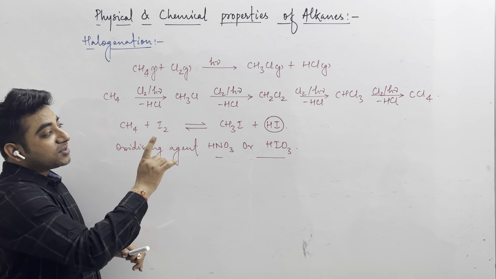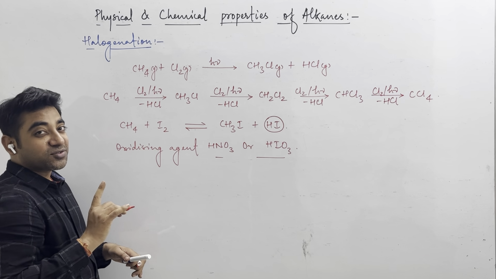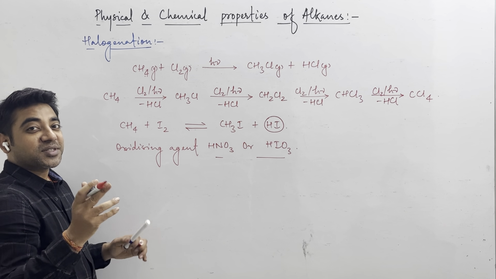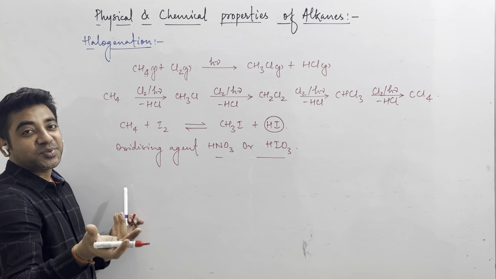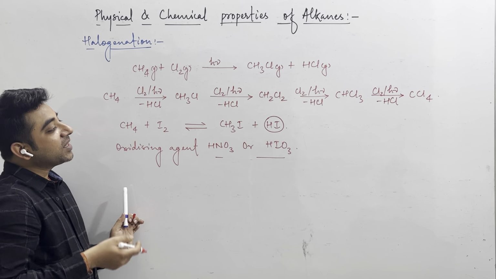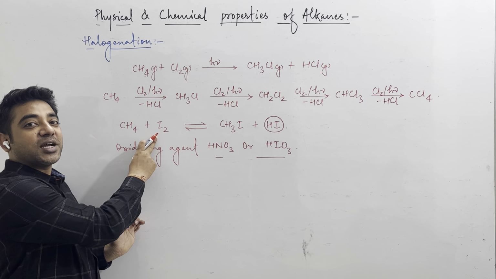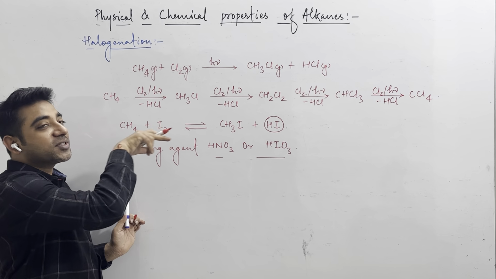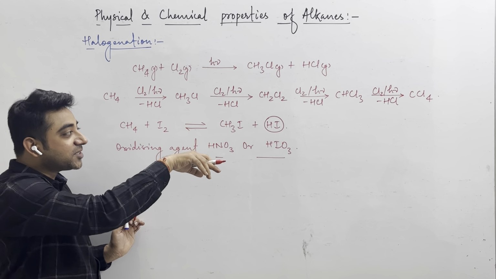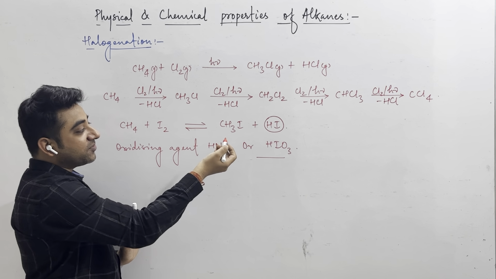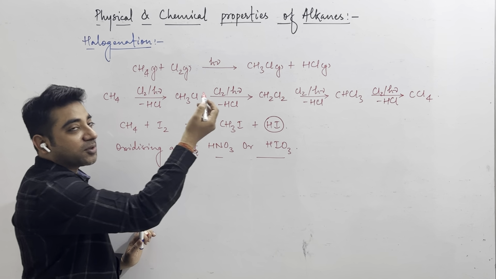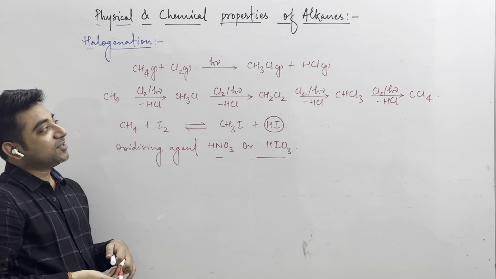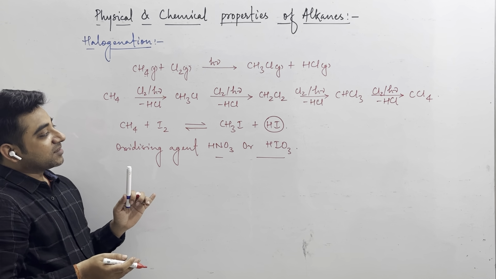And children, when this hydrogen iodide gets oxidized to iodine, you can apply Le Chatelier's principle of the equilibrium here. When the amount of iodine increases, the forward reaction will be favored, and when the forward reaction is favored, it will give more and more methyl iodide. So this is how you can explain this.